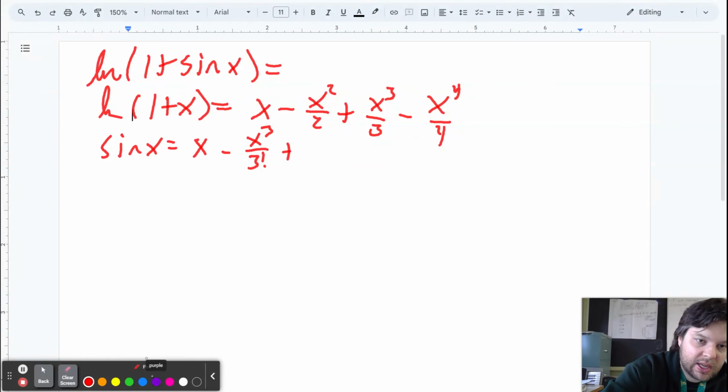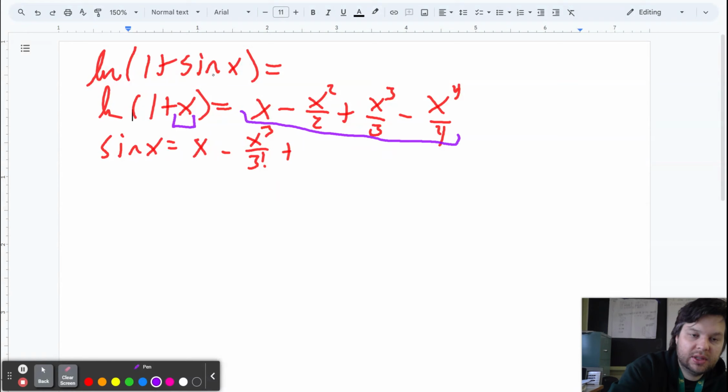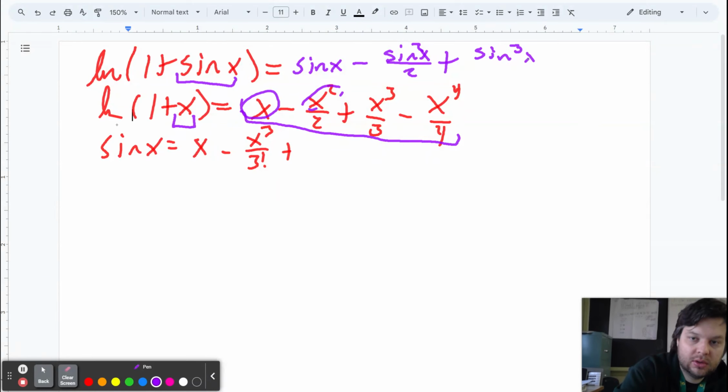So my claim is that if we know natural log of 1 plus x results in this expansion, then we know that the natural log of 1 plus sine of x has to result in this expansion. The x in the x down here is going to be replaced with sine of x, minus, again, x right here, sine of x squared, and then sine of x cubed over 3, and then sine of x to the fourth power over 4.